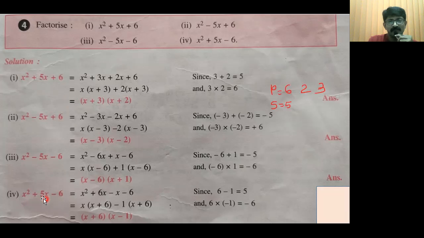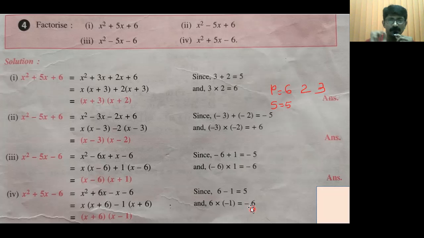Now, I have made the sum positive, but the product negative. So the product has to be negative 6, and the sum has to be positive 5. Isn't it? Now, how to do this? So 6 into minus 1, if you do, you're going to get the product as negative 6. 6 and minus 1 would be the two factors.